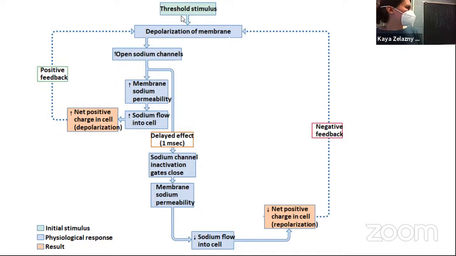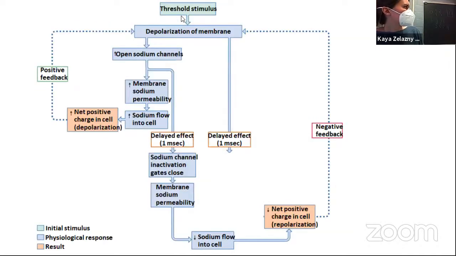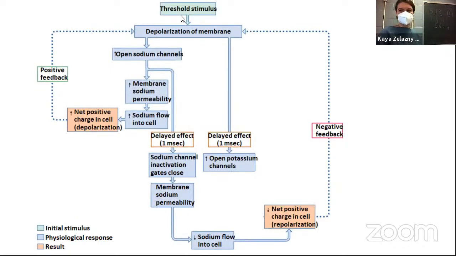The other thing that's going on to help us repolarize is that we have a delayed effect on our potassium channels as well. So the delayed effect on the sodium channels is to close them. The delayed effect on the potassium channels is to open them. So they just chill out and don't do anything at the beginning when those sodium channels are opening. They're super slow.